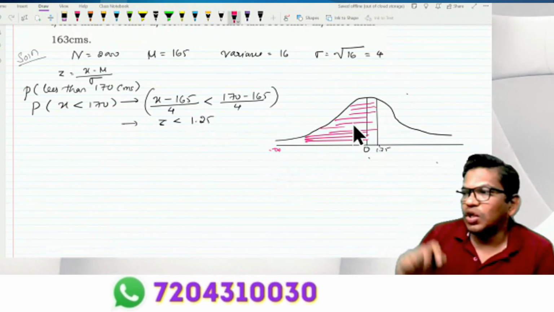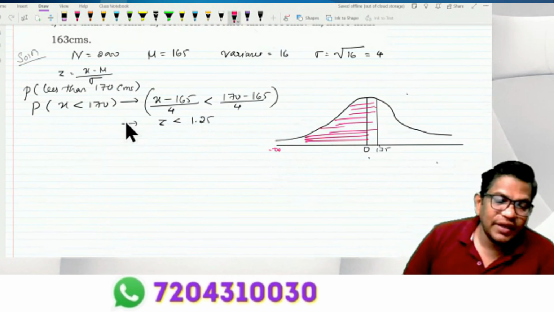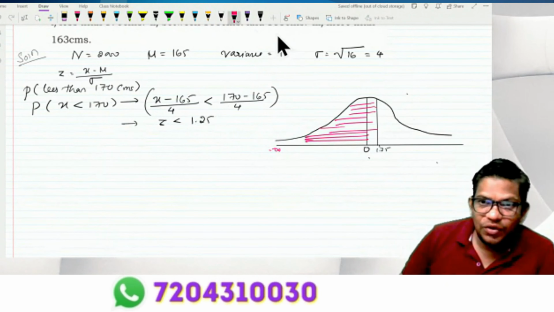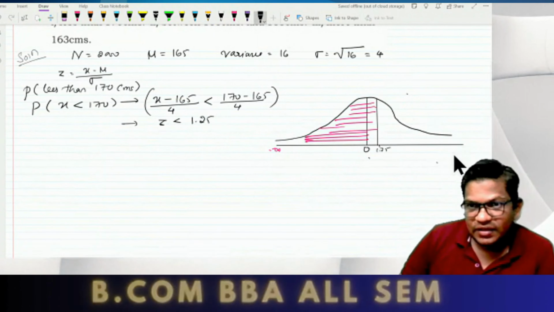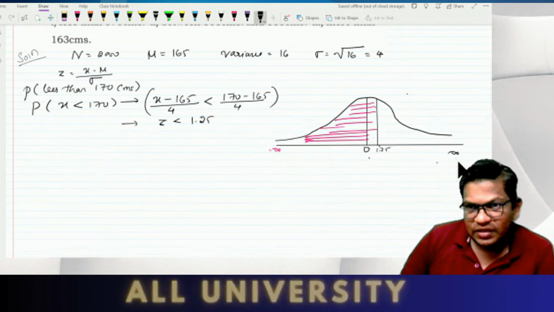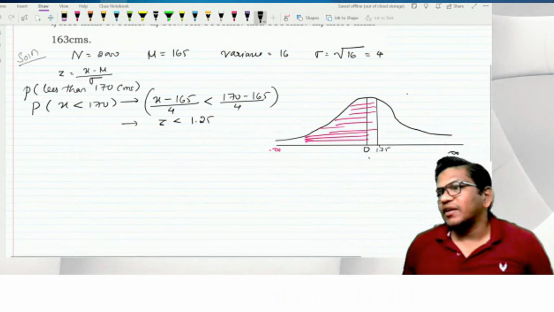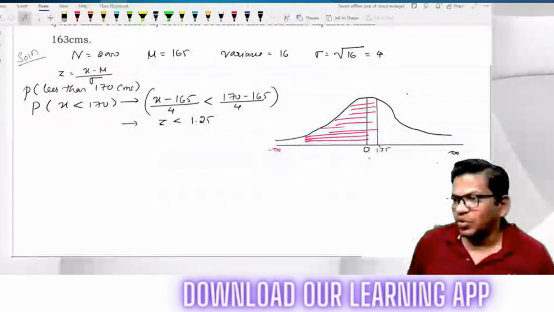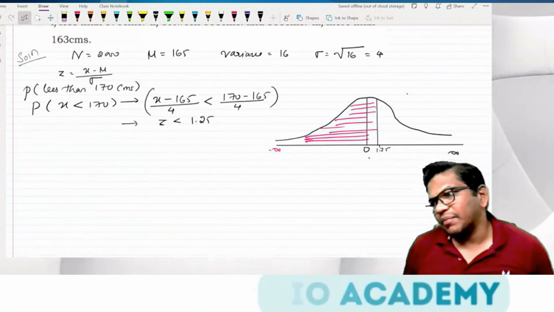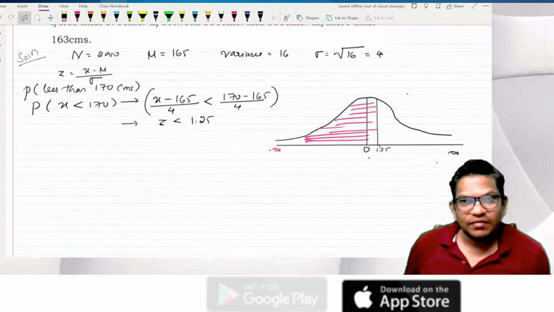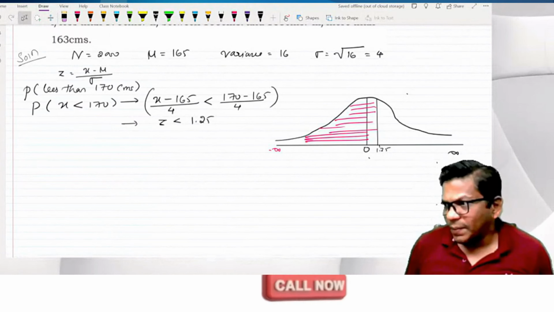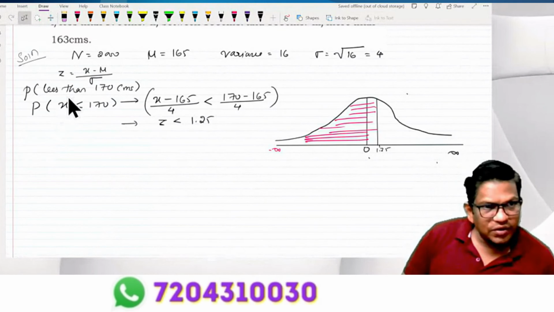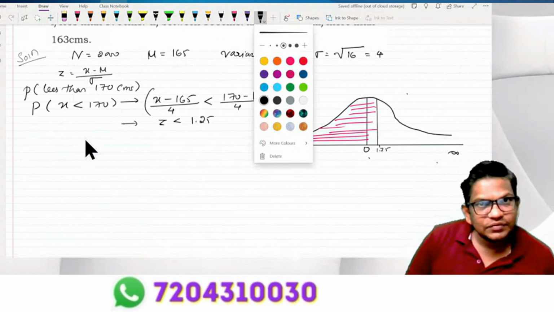So now what we do, children, is take the area from minus infinity to plus infinity, and from that we have to subtract the area from 1.25 to infinity. Note down.